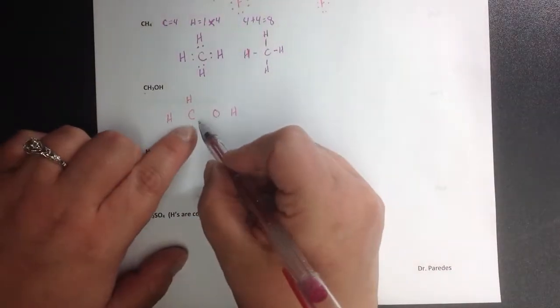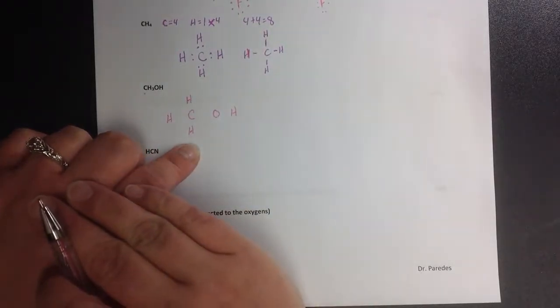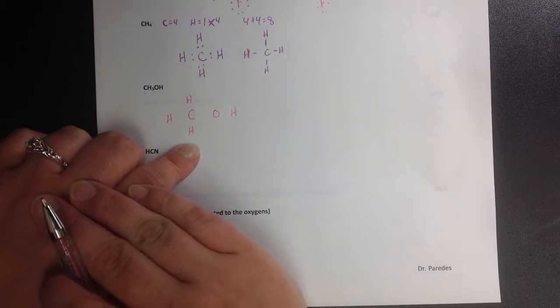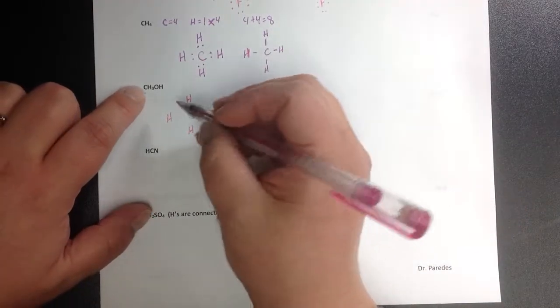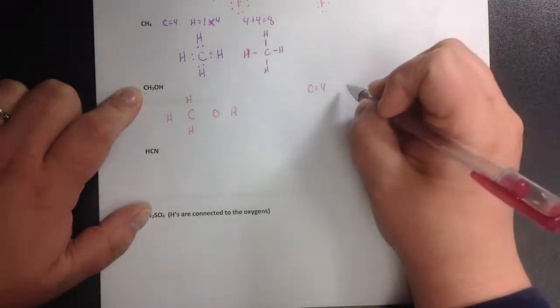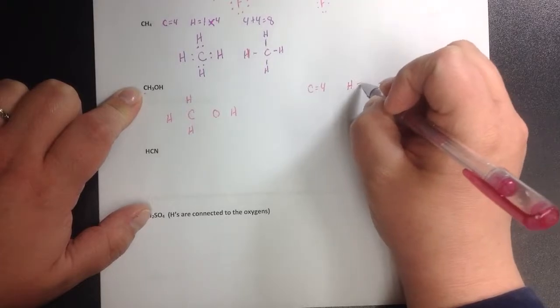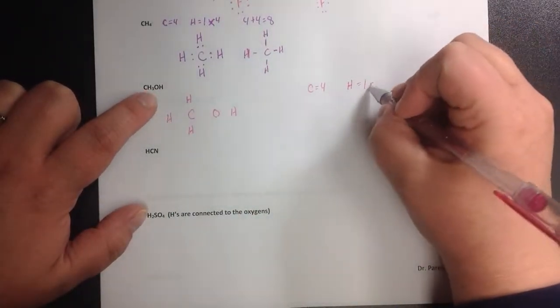What you're also supposed to realize is that this carbon and this oxygen have to have some type of glue putting them together. Remember, carbon has 4 valence electrons. Hydrogen has 1 valence electron, but there's 1, 2, 3, 4 of them.